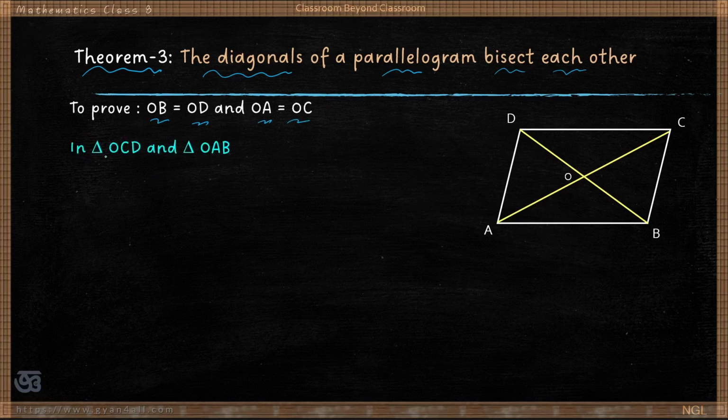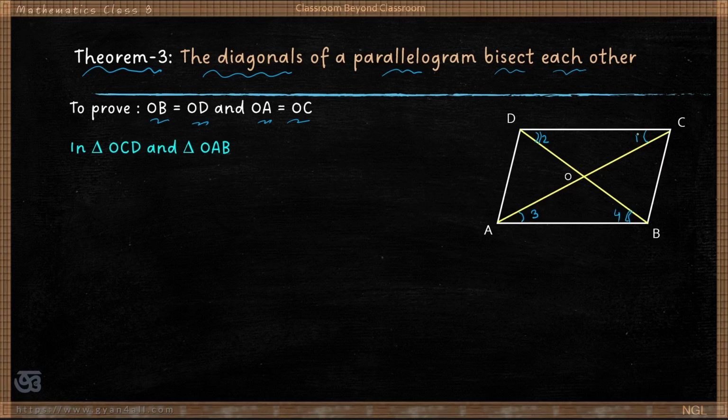In triangles OCD and OAB, you see, these are two triangles. So in these two triangles, suppose this angle is angle 1, this is angle 2, this is angle 3, and this is angle 4.